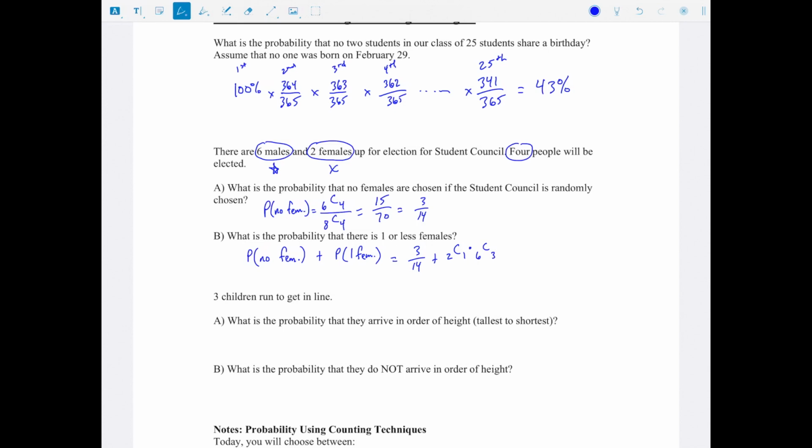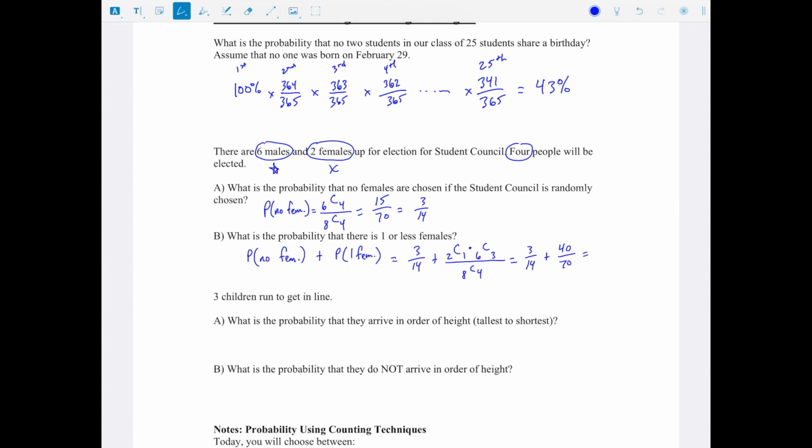So if there is 1 female, there is 3 males chosen from the 6. And on the bottom here, we have 8 choose 4. So 2 choose 1 times 6 choose 3 is equal to 40 over 70.